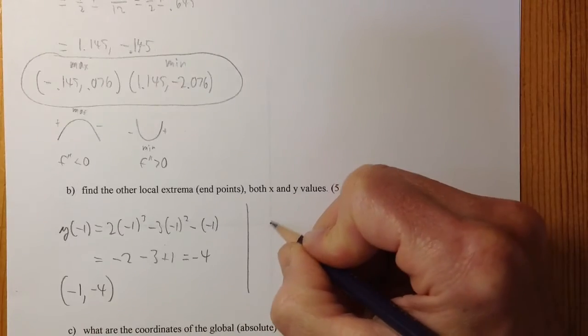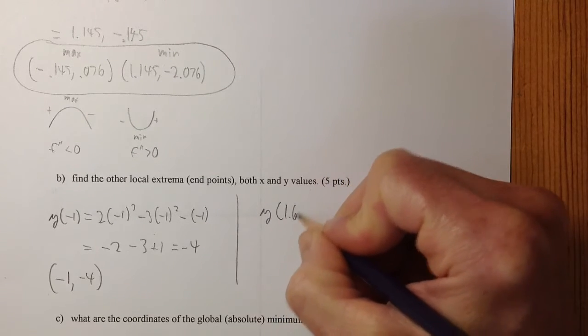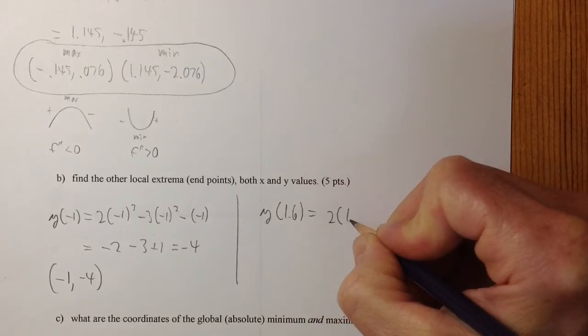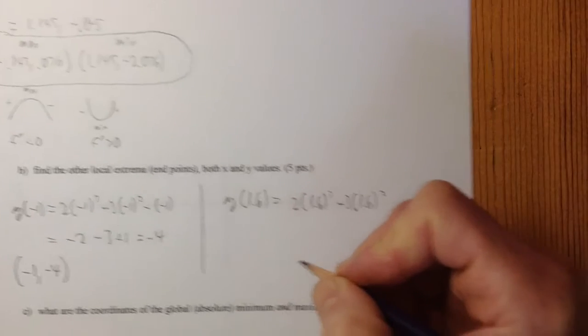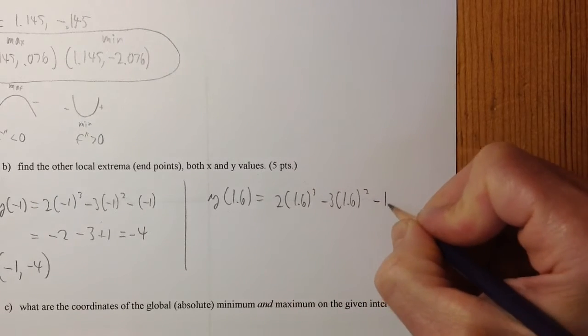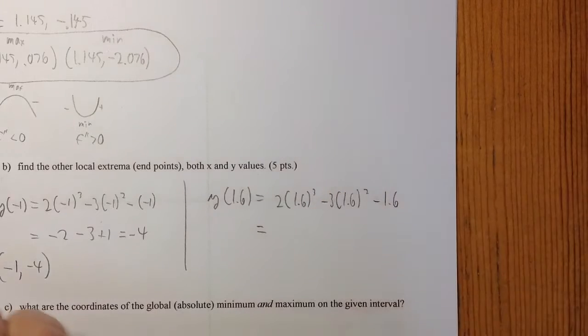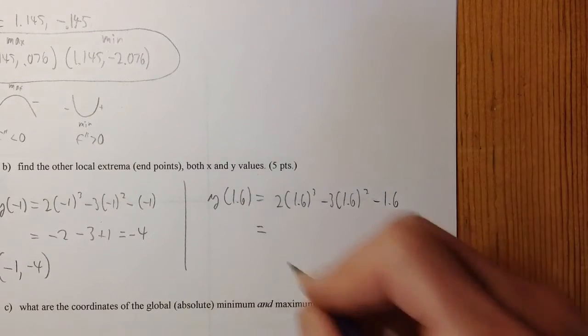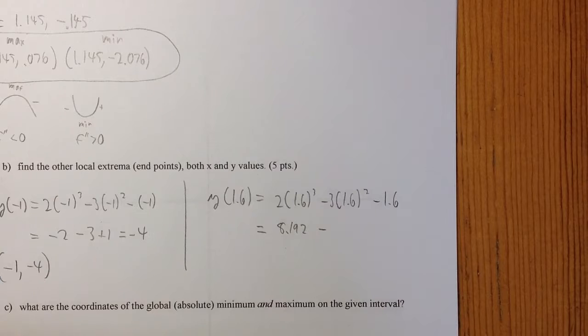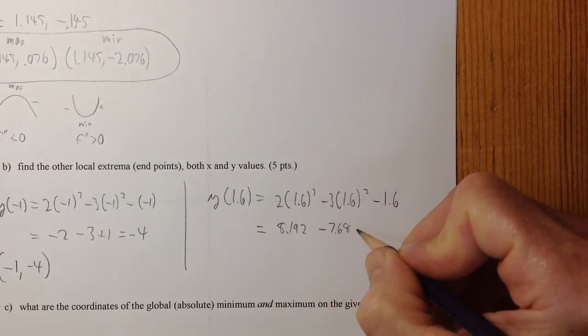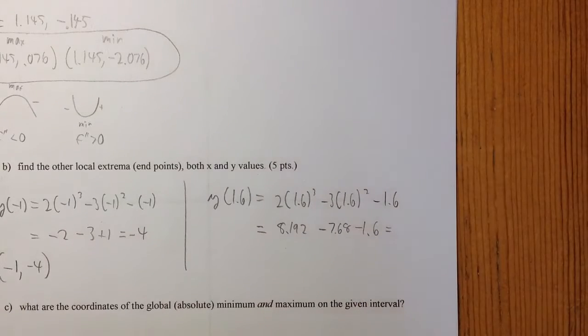And the other endpoint, y at 1.6 is 2 times 1.6 to the third power minus 3 times 1.6 squared minus 1.6. This is definitely a calculator problem. 1.6 cubed times 2, I get 8.192, minus 1.6 squared times 3, minus 7.68, minus 1.6, and what is that?